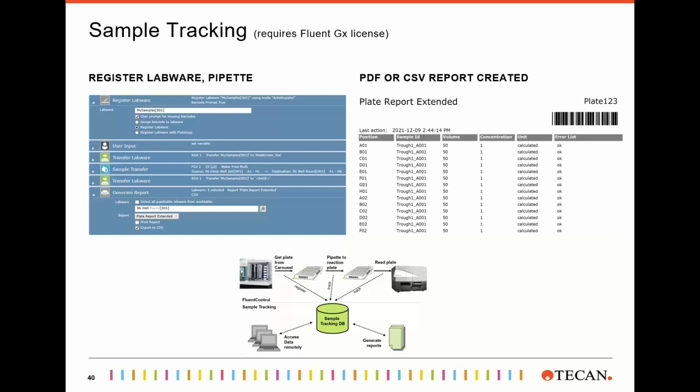Maybe there was a pipetting error, it's recording that as well, and tracking the samples throughout the run. At the end of the run, you are able to generate a report about certain labware or about all of your labware on the work table, and you can see what has happened to which sample and where it ended up and in which volume, if there maybe was an error at runtime with that sample, and so on and so forth.